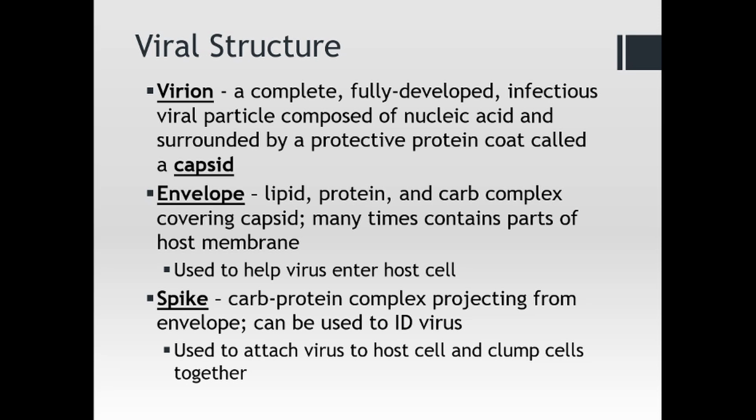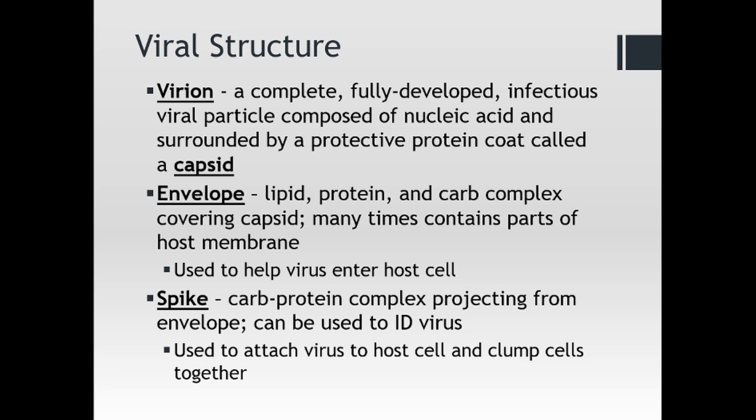So COVID has an envelope around it, and that envelope allows it to gain access into our respiratory cells quite easily. However, if a virus does have an envelope, it makes it very easy to, I don't want to say kill it, but to inactivate it, because viruses that do have envelopes have to have the envelope.